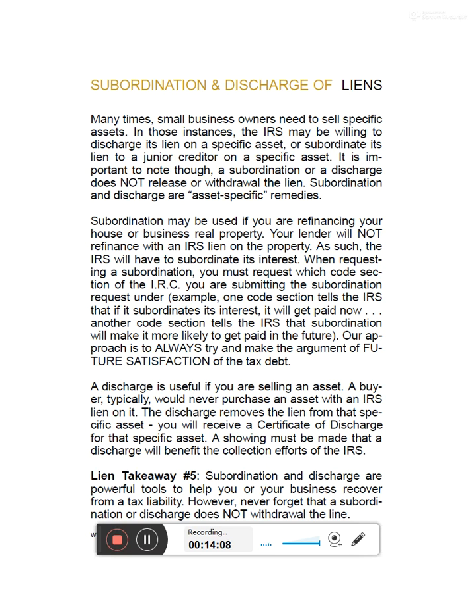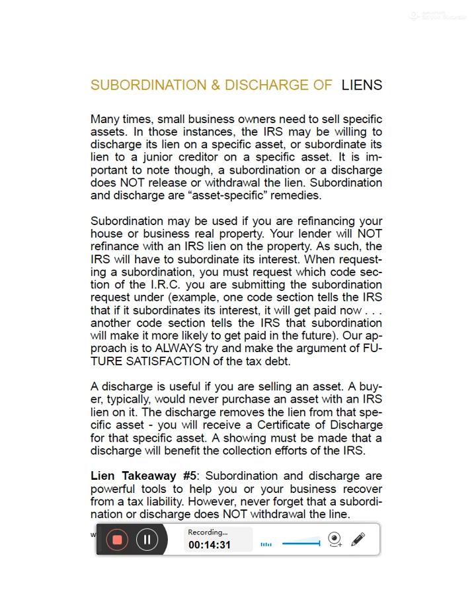If you can make the argument that, hey, later on, this is going to make me more likely to be able to pay my tax debt, that's a good argument, and the IRS will likely subordinate its interest to allow you to refinance that house or business or whatever it is, because it's going to put you into a better financial situation. So subordination is a very important tool, very powerful.